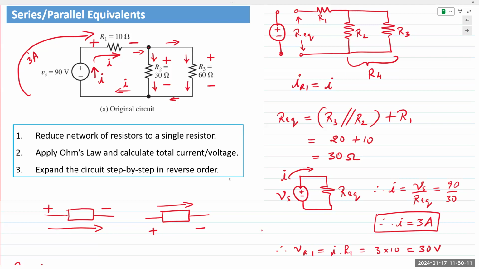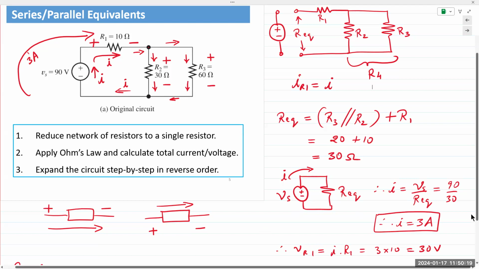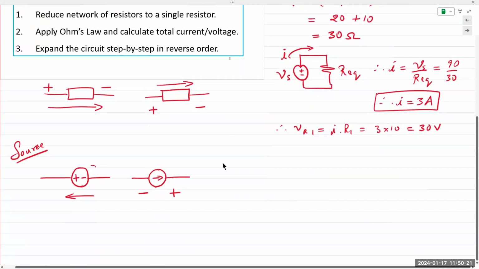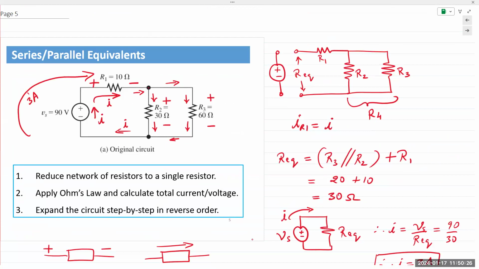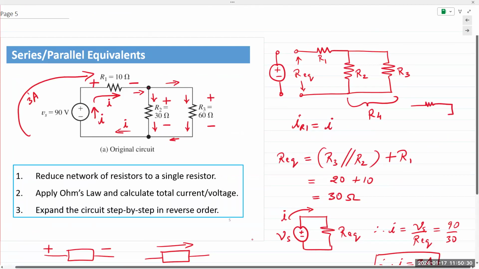We apply Ohm's law again, or we can apply KVL. I did not draw this here, but when you combine R2 and R3 together, this is R1, this can be R4, and this is where our power supply is connected.